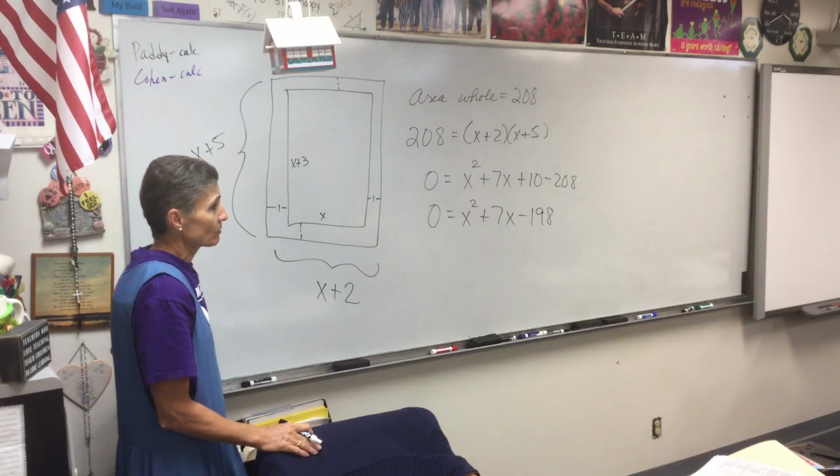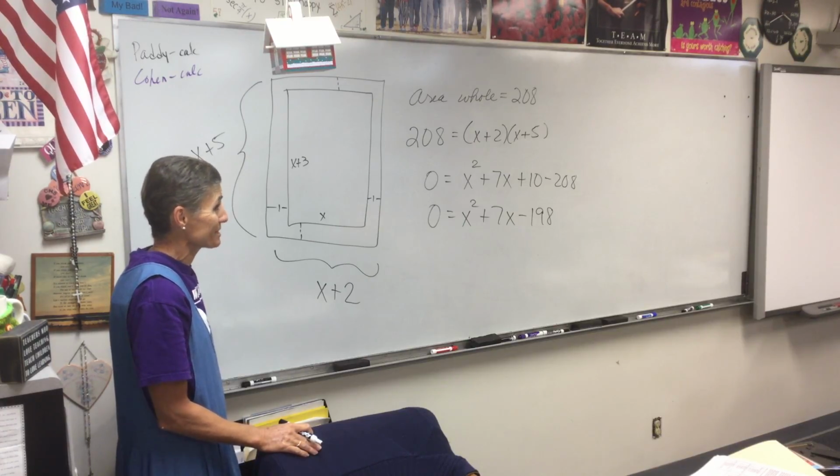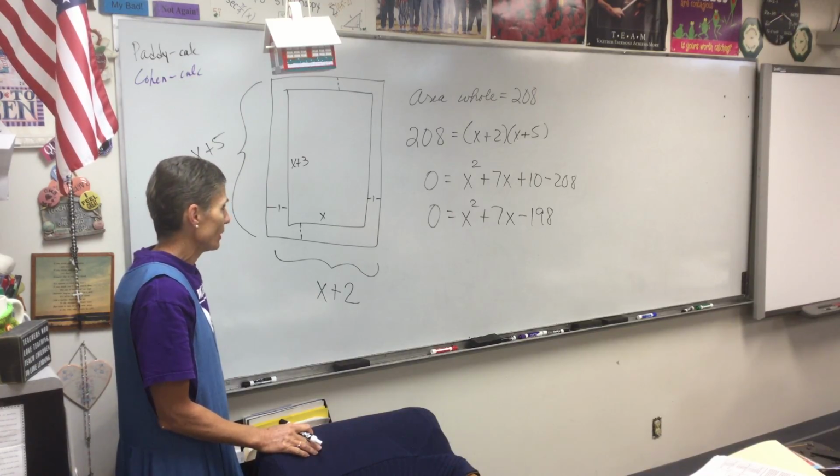Now, if you're good at factoring and you remember all the times tables you memorized when you were in elementary school, then you probably can go ahead and factor this.